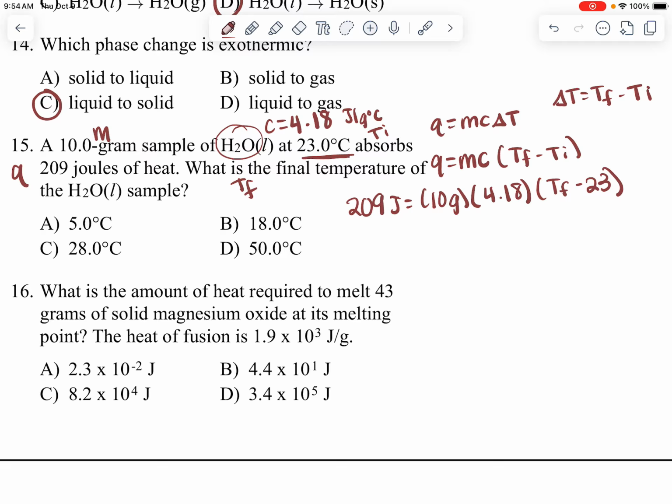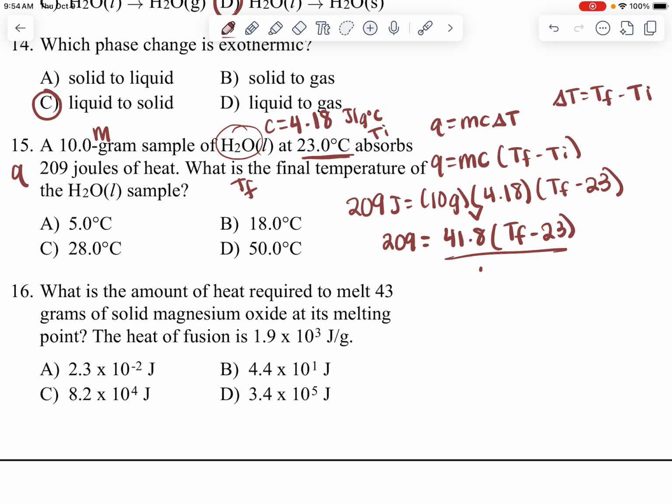Just to show you one other way, I feel like I didn't show you a more stepwise approach. We're trying to clear out the right side and just get TF on the right side. So I'm going to multiply these two numbers. So I get that 209 equals 41.8 times TF minus 23. Okay.